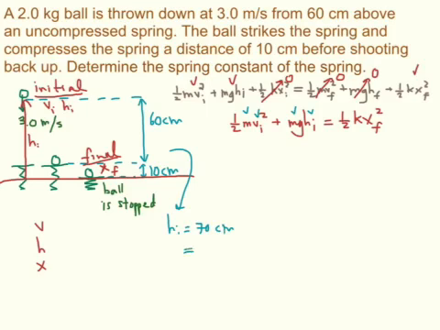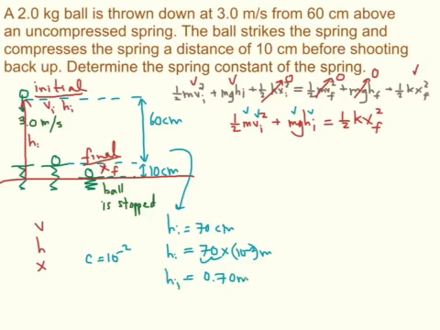Centi is equal to 10 to the negative 2. So it's replaceable with 10 to the negative 2. Instead of multiplying by centi, I'm going to multiply by 10 to the negative 2. So I just substituted in for centi. And I move the decimal place to the left to 0.70 meters is my initial height.